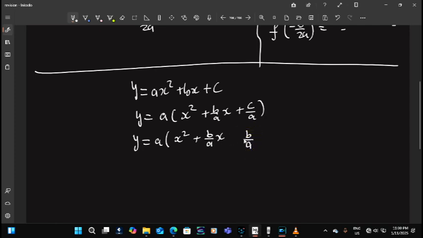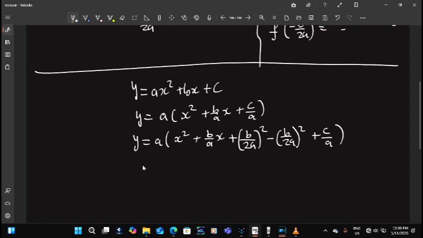Multiply it by half, then it will be 1 over 2, which is the same as b over 2a. Then I must square it and add it. Here I've added it and subtracted it. So I'm going to write the last one that I didn't write, plus c over a.